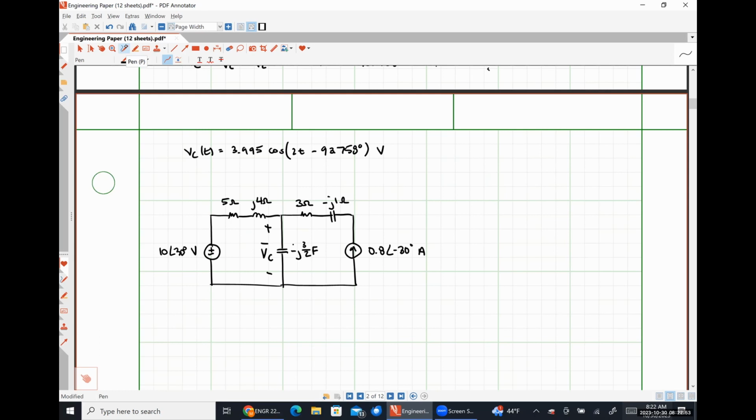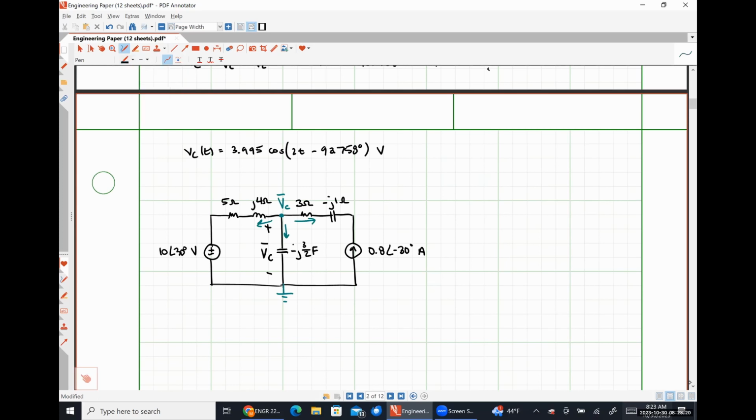Okay. So what I'm going to do is I'm going to choose my bottom node as my reference, and this nodal voltage here is the V that I'm looking for. So if I were to write a Kirchhoff's current law expression, I would be adding this current plus this current plus this current together.